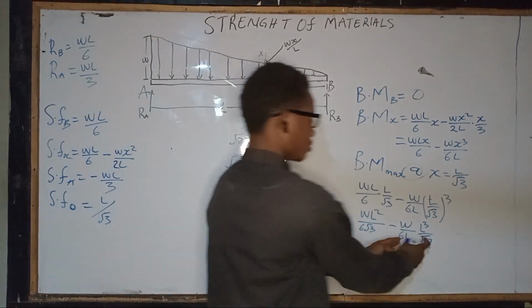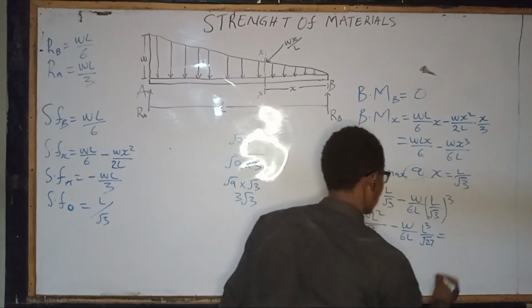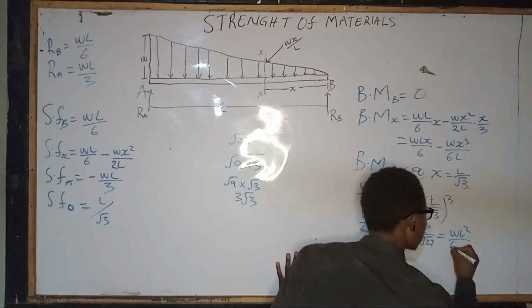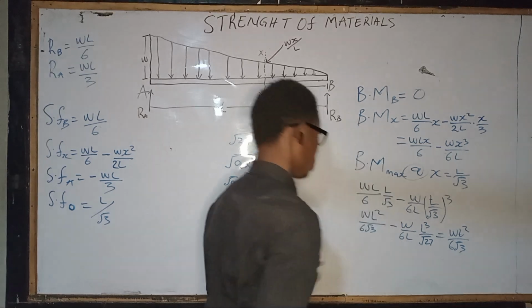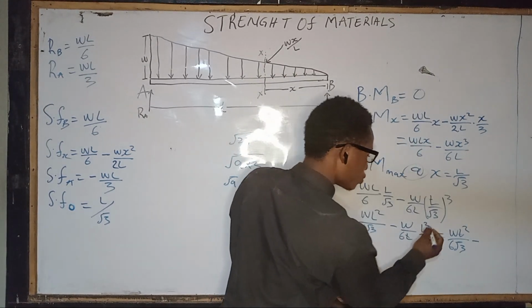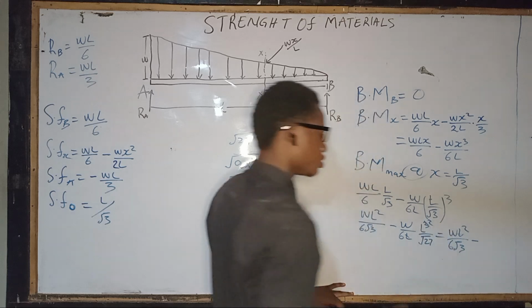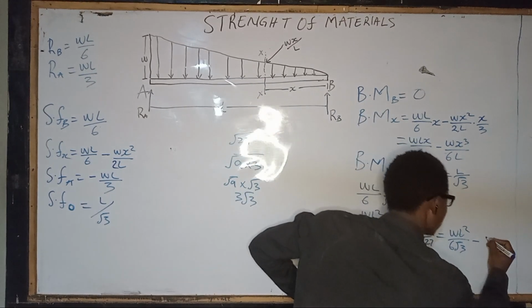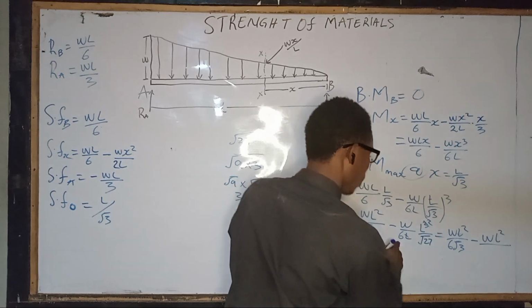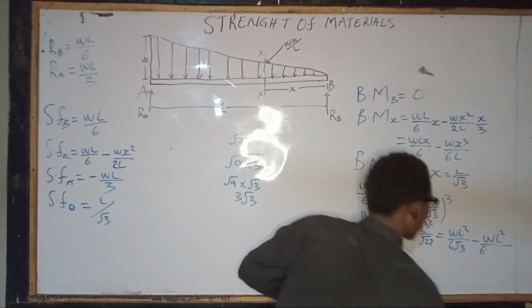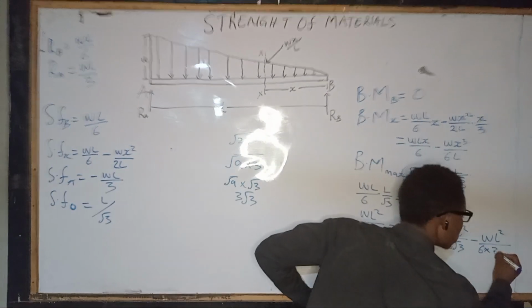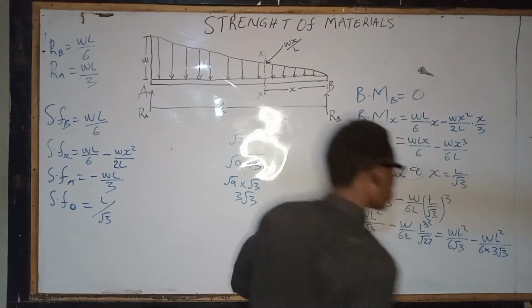So this one can be represented as wn square over 6 root 3, which is this one, minus, now this n here would cancel one n here, remaining 2. So we have wn square all over this 6 here times 3 root 3 times 3 root 3.